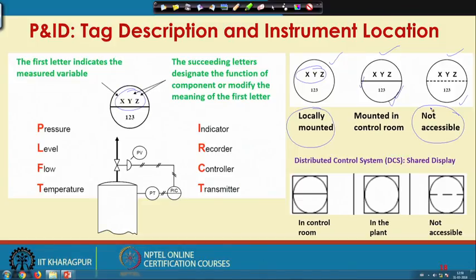I will show you an image to indicate what I mean by this instrument is not accessible. Also look at, there is a number. This indicates the loop number in the control system.